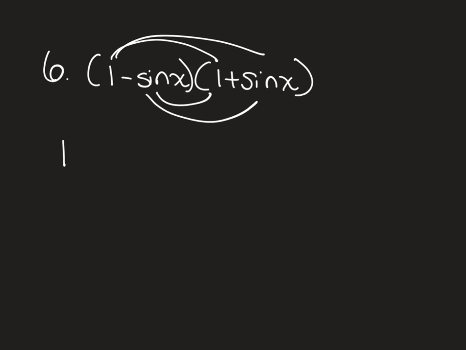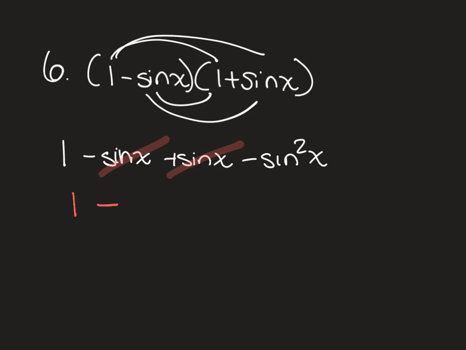So we're going to get 1 minus a sine x plus a sine x minus a sine squared x, because sine times sine is sine squared. These two in the middle are going to cancel each other out. So now I have 1 minus sine squared x.